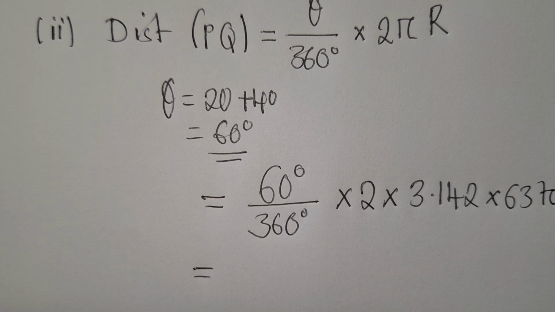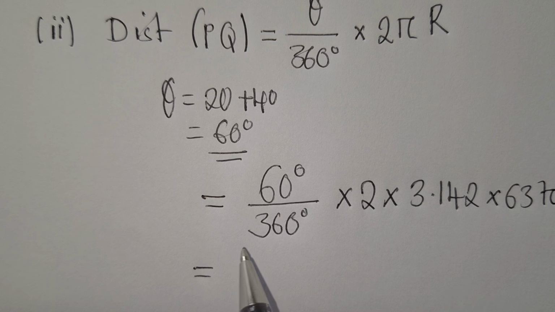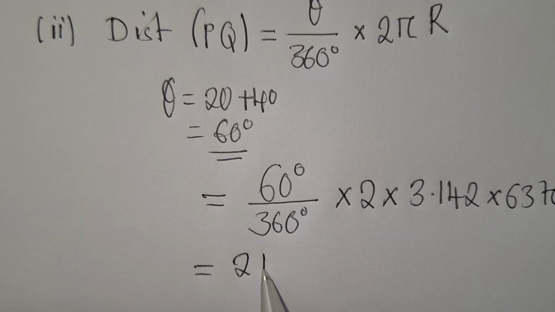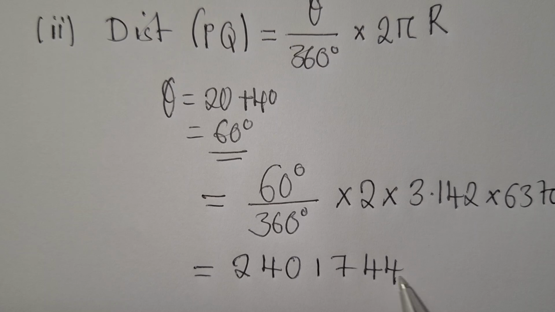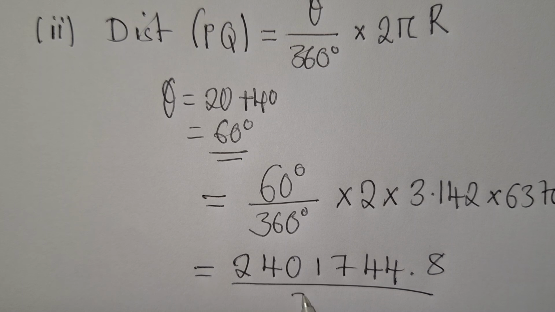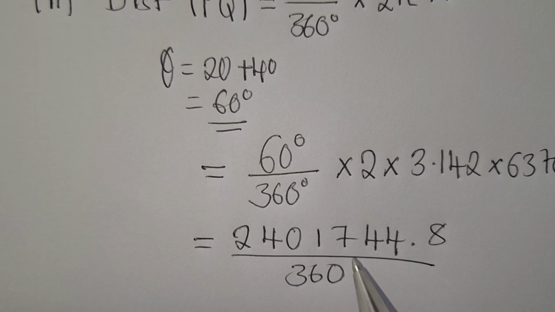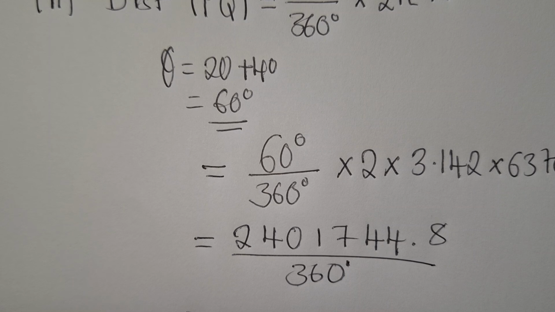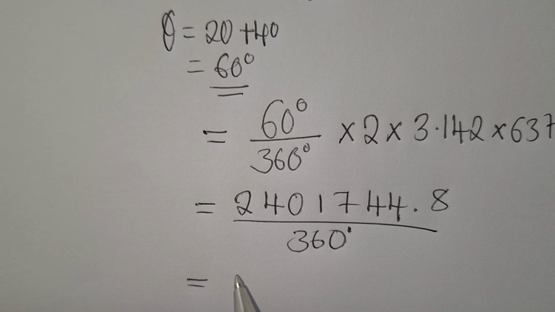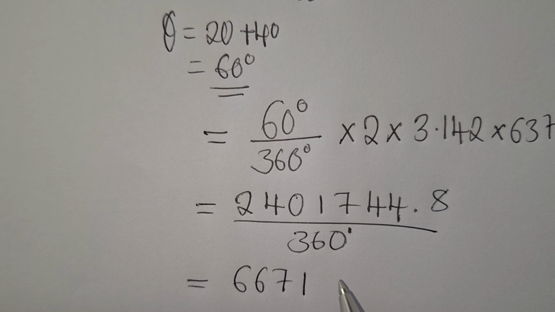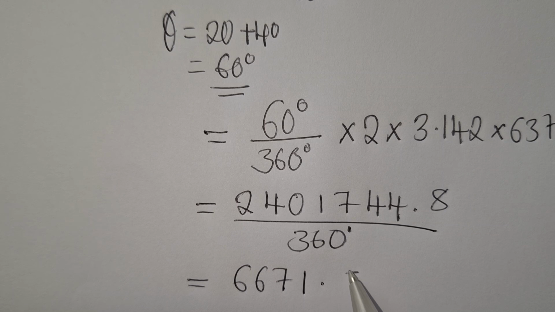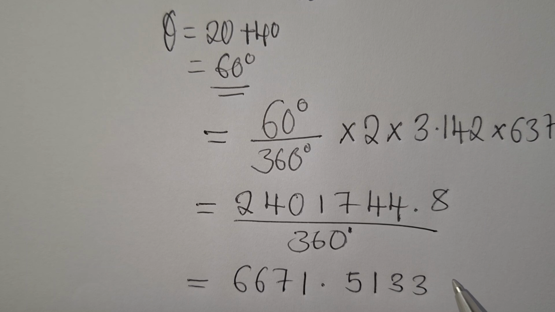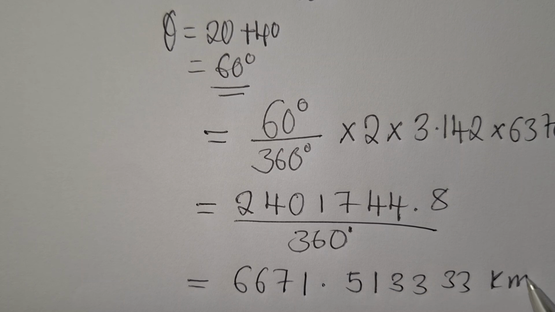You just multiply everything here on top. And what you're getting is 2401744.8. So you divide this by 360. Of course, the answer which is coming out is 6671.51333 kilometers.